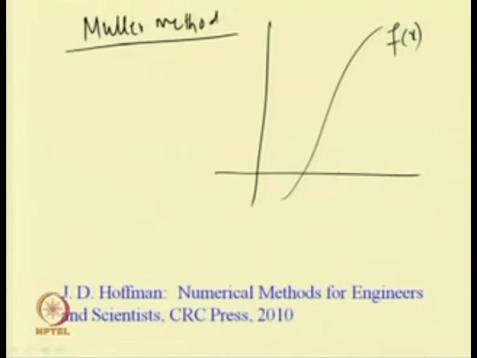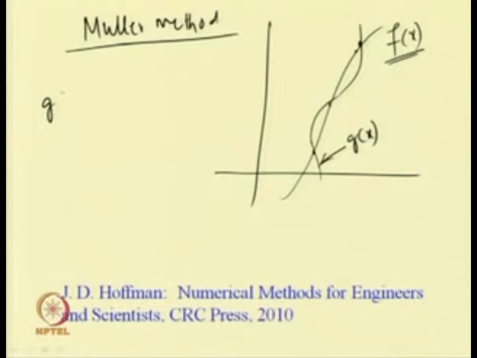a quadratic curve. This quadratic curve will intersect our function at 3 positions. So, we obtain these 3 positions. We have approximated our f x by using this g x, and this g x can be fitted by a quadratic polynomial.